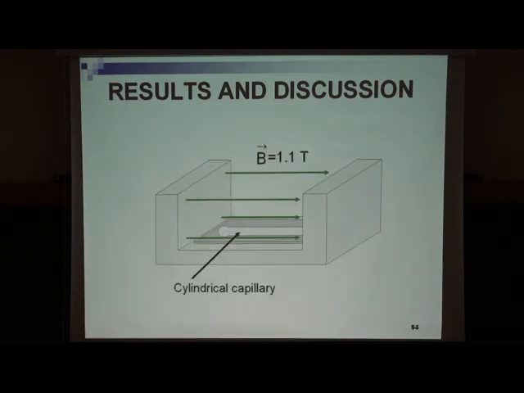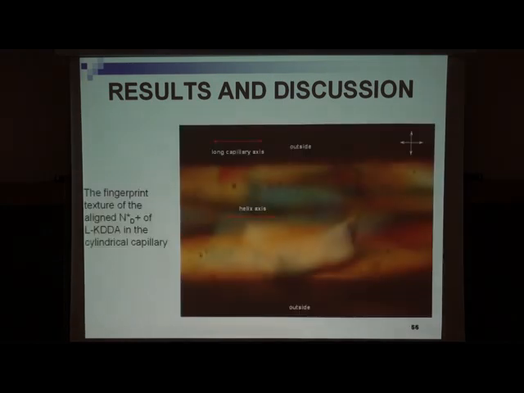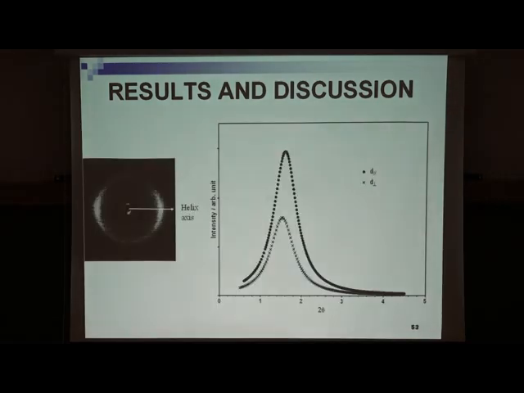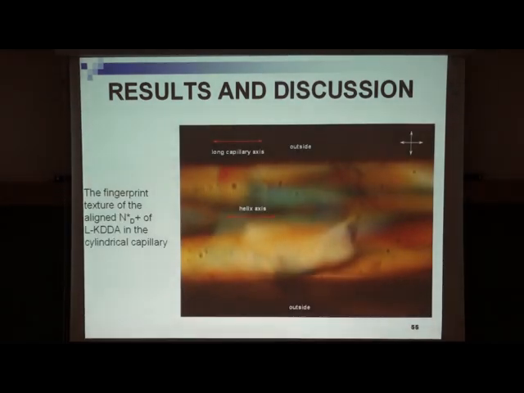Then we applied a magnetic field to the chiral nematic phases because we changed the direction of the helix axis, and we obtained this texture. This is the same as this phase. I think it can be seen. Can be seen? Okay. And now the cholesteric stripes are perpendicular to the short capillary axis, and the helix axis is parallel to the long capillary axis.